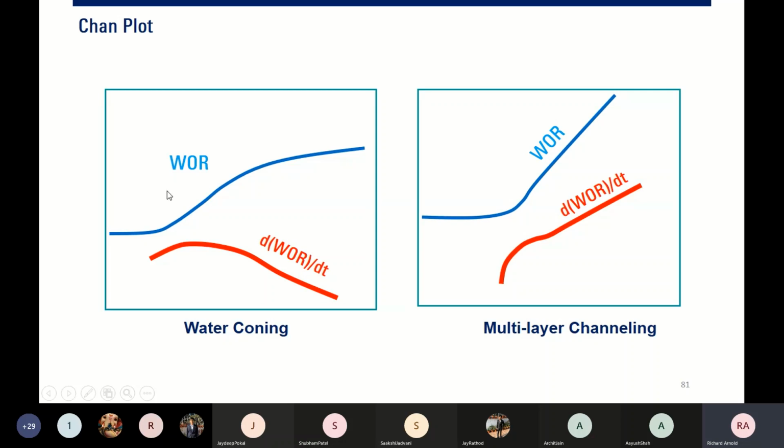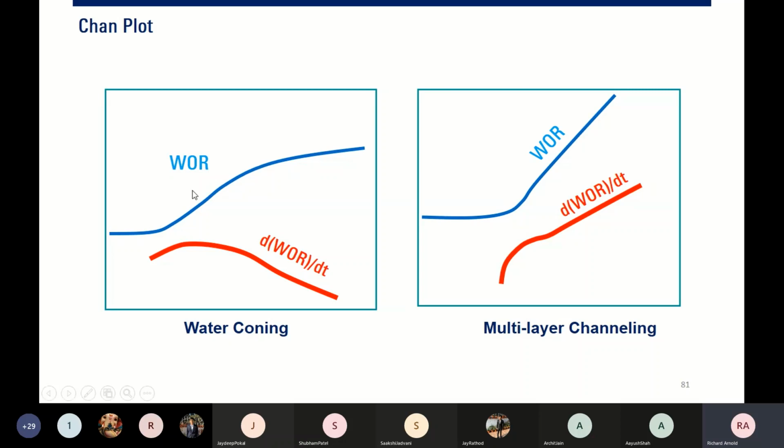Again, you can also construct Chan plot. Okay, so this is the WOR and the derivative of your water oil ratio plotted against time. If you have this trend, it means that you suffer water coning problem. All right.